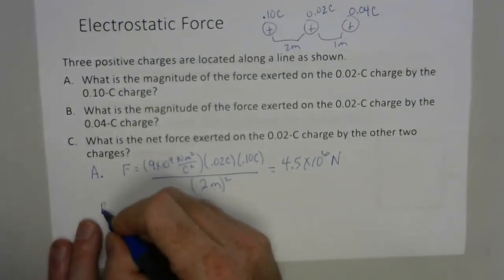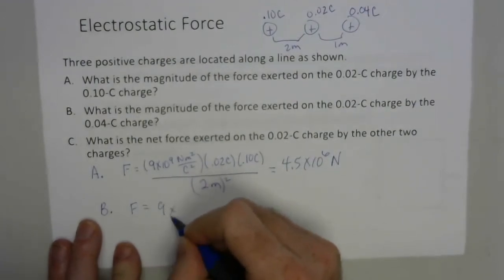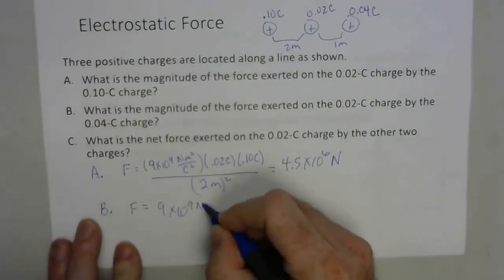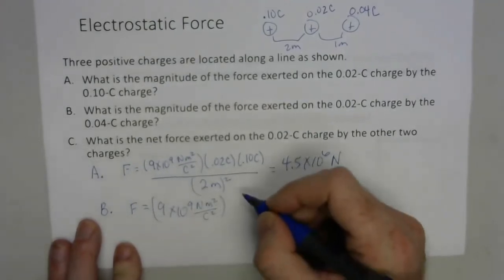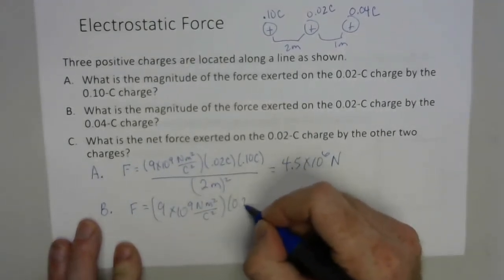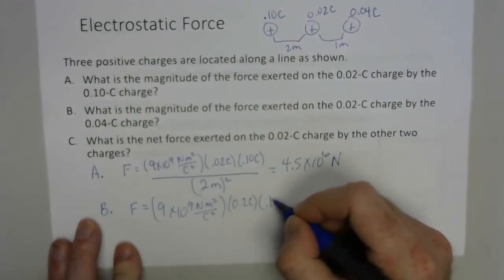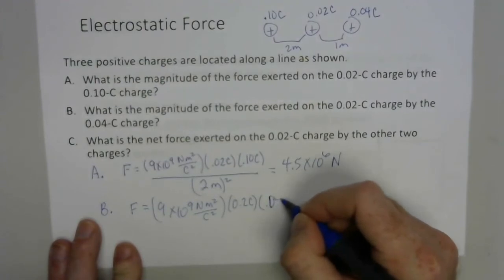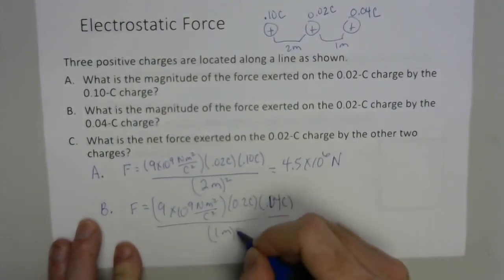For B, it's going to be the same equation. So we'll do it a little bit more quickly now, but we're going to use the forces from the other side. We'll divide by 1 meter quantity squared.